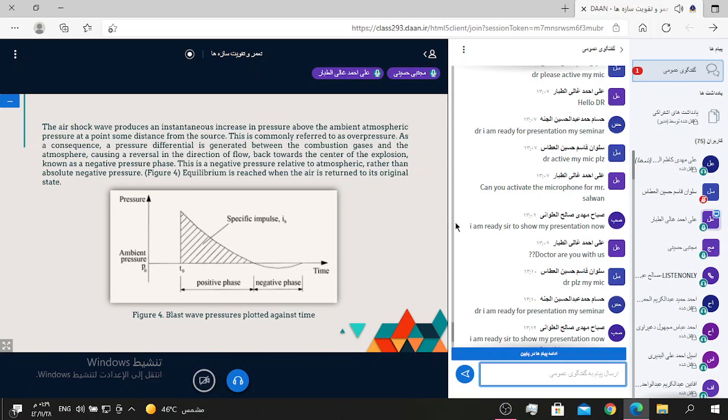As a consequence, a pressure differential is generated between the combustion gases and the atmosphere, causing a reversal in the direction of flow back towards the center of explosion, known as a negative pressure phase. This is a negative pressure relative to atmospheric rather than absolute negative pressure, which is shown in figure 4. Equilibrium is reached when the air is returned to its original state.